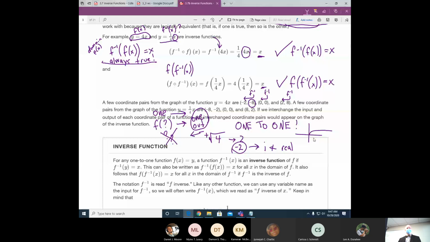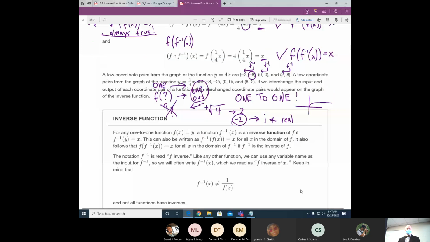So we will take things like parabolas, and we have to turn them into a 1-to-1 function. For example, x squared over all real numbers is not 1-to-1. I get a result when x is negative and when x is positive. The same y for different x's.